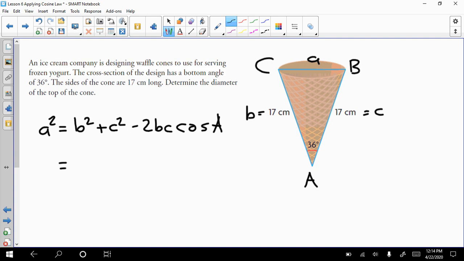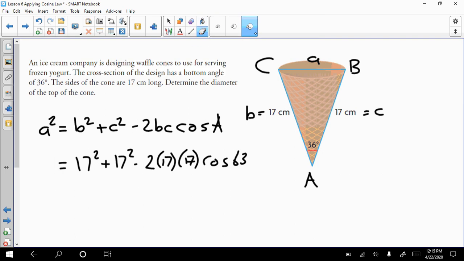Plug our numbers in: 17 squared plus 17 squared minus 2 times 17 times 17 cos of 36 degrees, not 63. Okay, we get our calculator out. You guys can try this along with me.